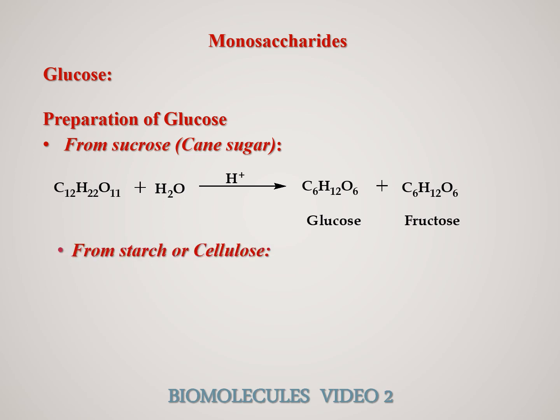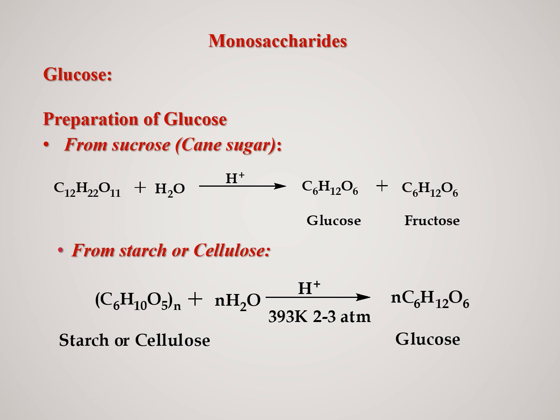The second method which we are going to discuss is preparation from starch or cellulose. Starch is a polysaccharide. It has the formula (C6H10O5)n.